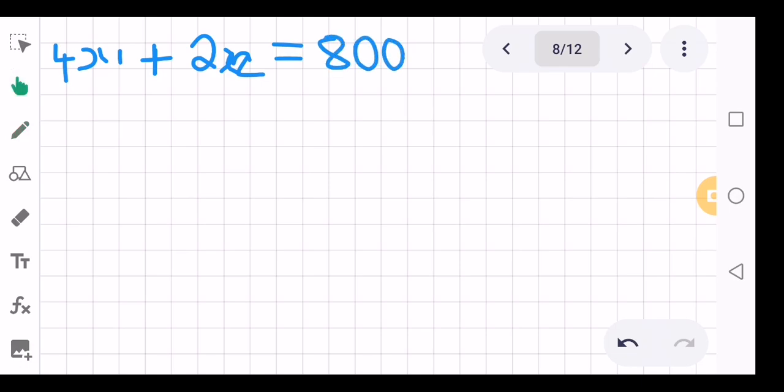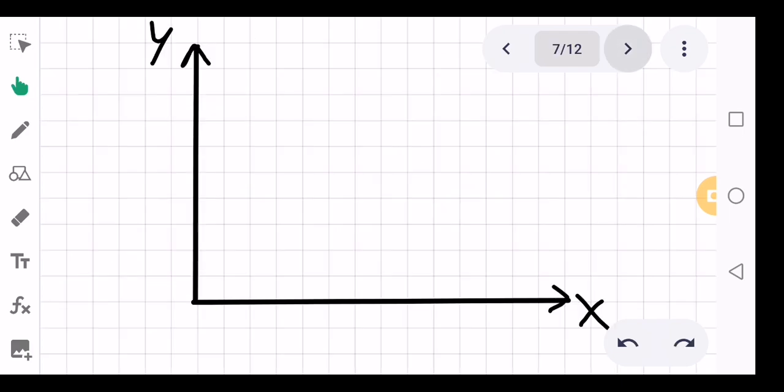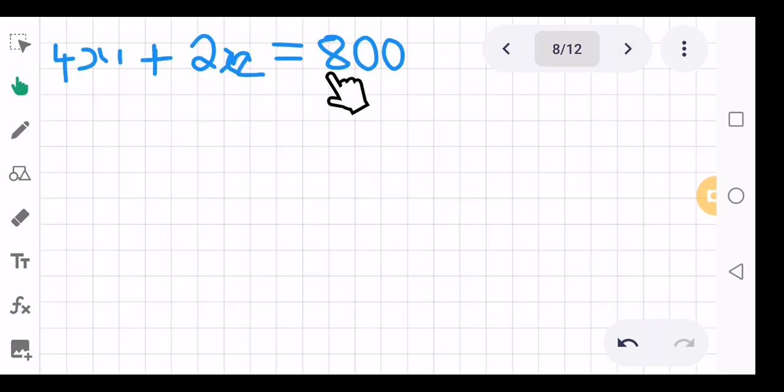Here I'll be writing it as equal to, but actually it was less than or equal to. I'm writing it as equal to because I'm making this an equation. Since I'm solving it in a graph, I need a linear equation.